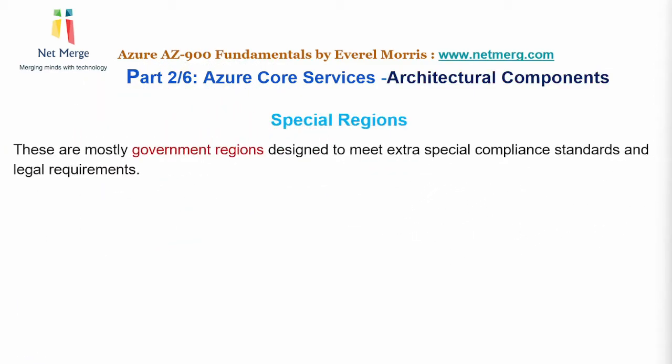Now, when we talk about regions, there are also special regions, and you'll learn more about them in Azure when we talk about government regions in China and the United States. These are mostly government regions designed to meet extra special compliance standards and legal requirements. So you'll have government requirements that will necessitate the need for special regions in Azure.